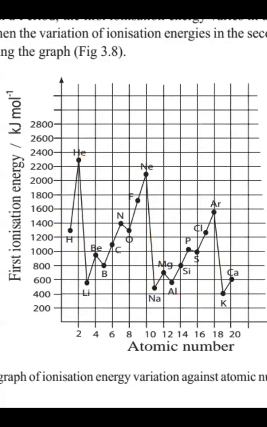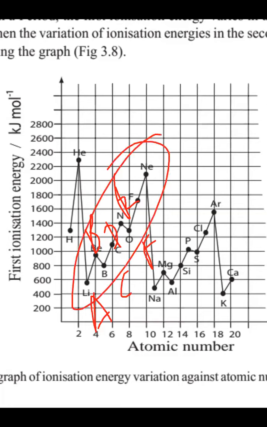Now in the exam, if you are asked with A, B, C, D, E, F, you should be able to identify the atoms. If you are given the period, second period means this one, third period means this one.